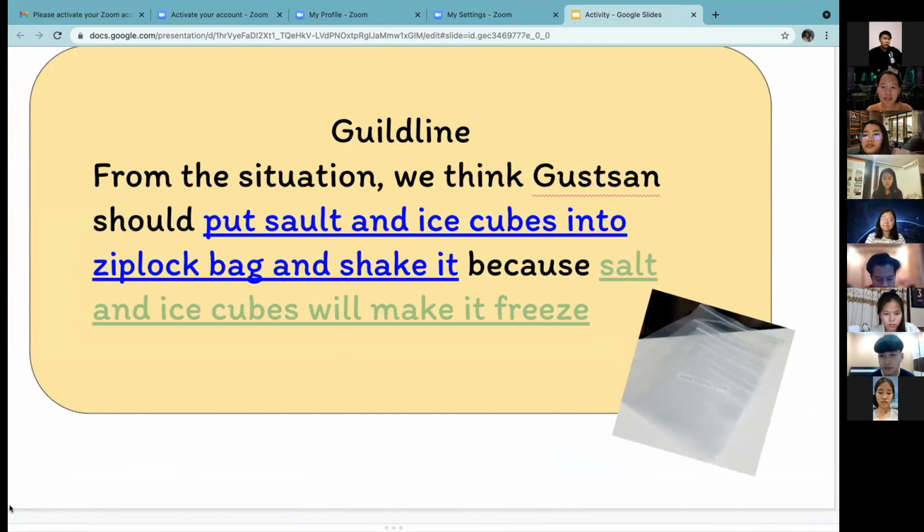It is the same question. That is correct, everyone, because when salt and ice cube mix together, it will make the freezing point lower, and when the temperature is lower, that means it's cooler, and it will make the juice freeze.